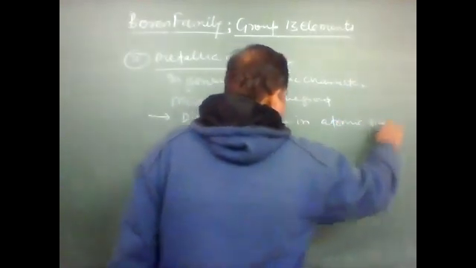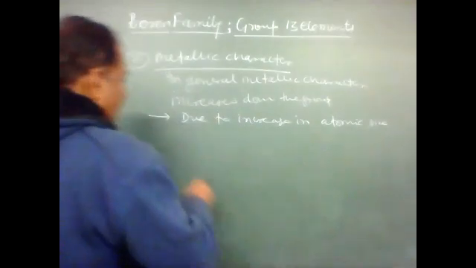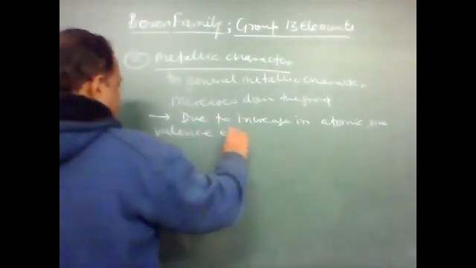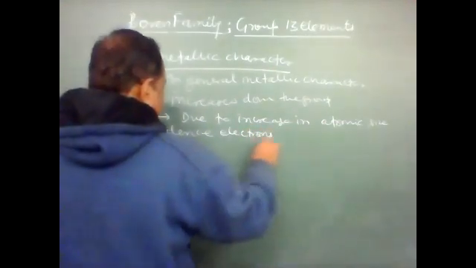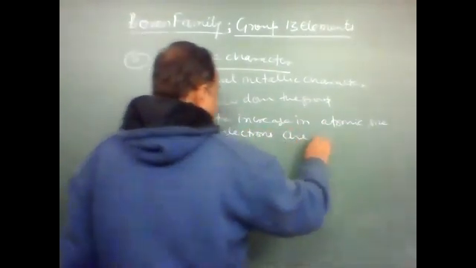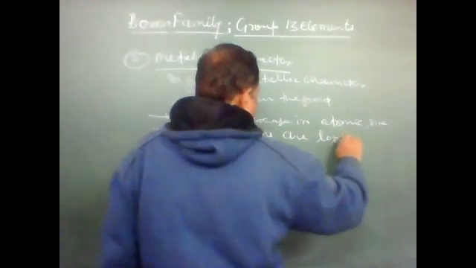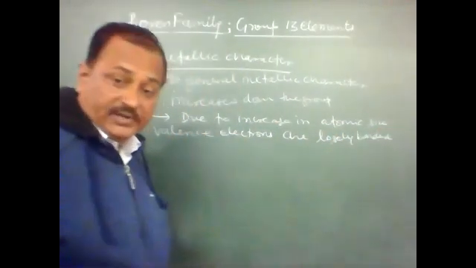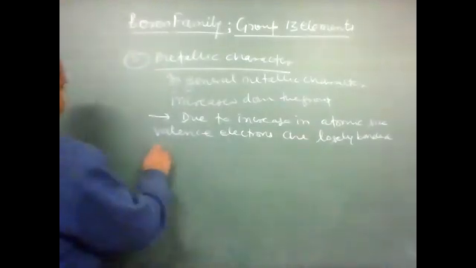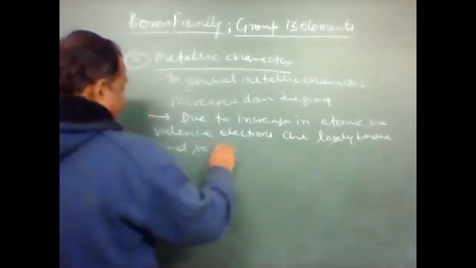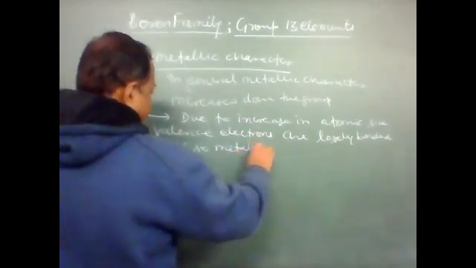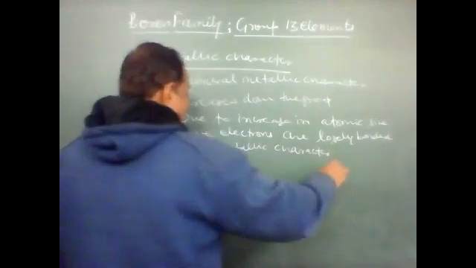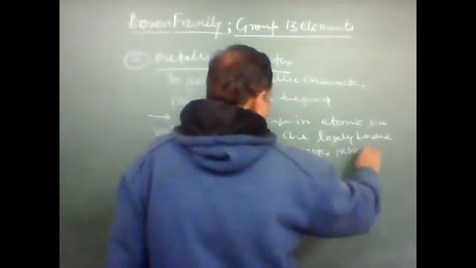Due to increase in atomic size, the valence electrons are loosely bonded, and so metallic character increases.